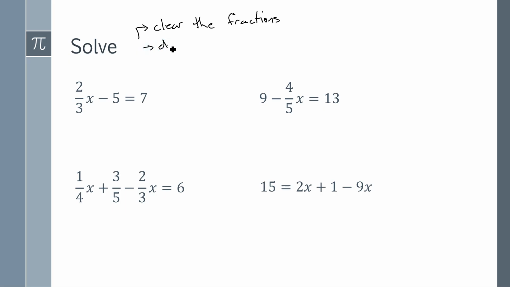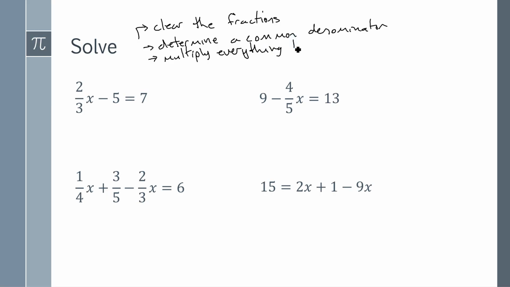I'm going to determine a common denominator, and then I'm going to multiply everything by that. And the common denominator, remember, is a least common multiple.